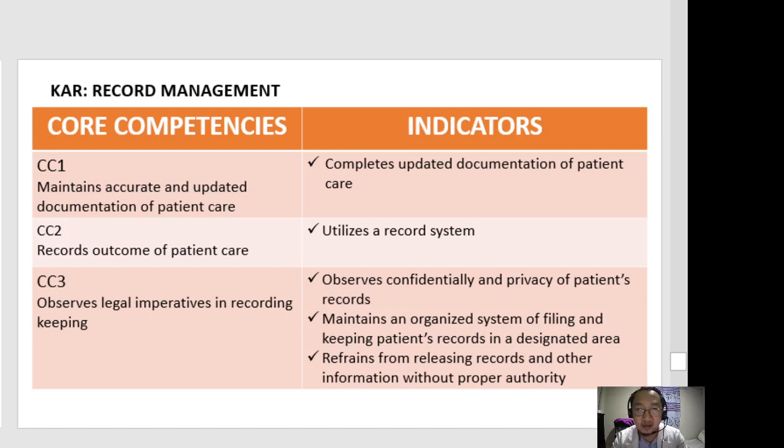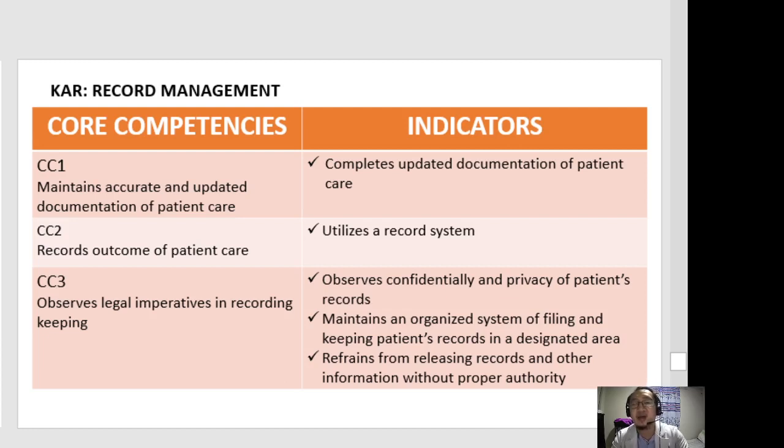There are standards, but the practice depends on the institution on how they are going to have their record system. Later on, when you go to your REs, or to your institution as a future nurse, observe the system of recording and documenting to better appreciate this. In your REs, when you become second, third, and fourth year, you'll be trained how to have a very good record system.